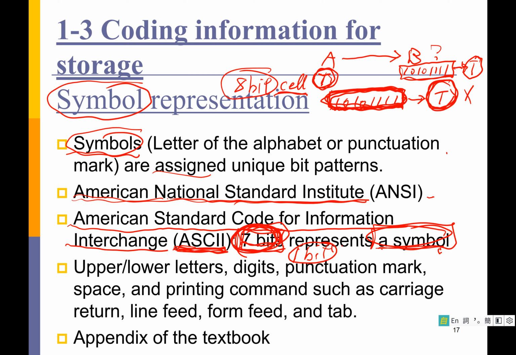So in ASCII, 7 bits are used to define a symbol, and you can find this ASCII standard in your textbook, either the Chinese version or the English version. In your English version textbook, I remember it is page 801, you can find the ASCII standard code.